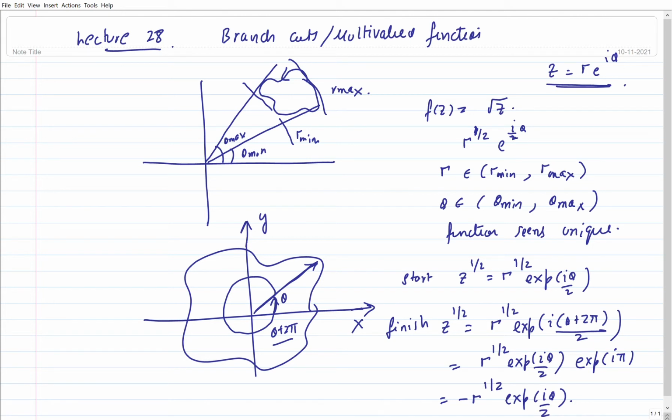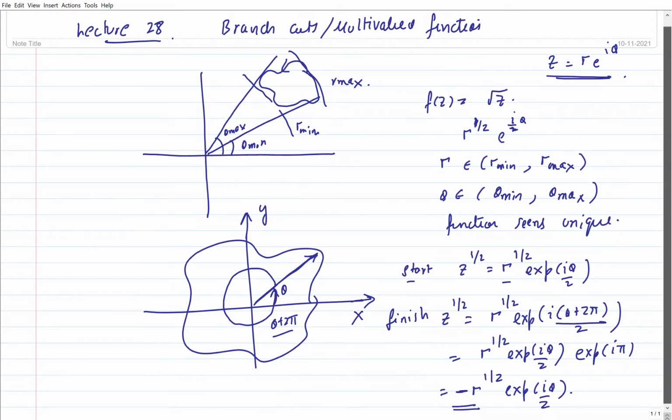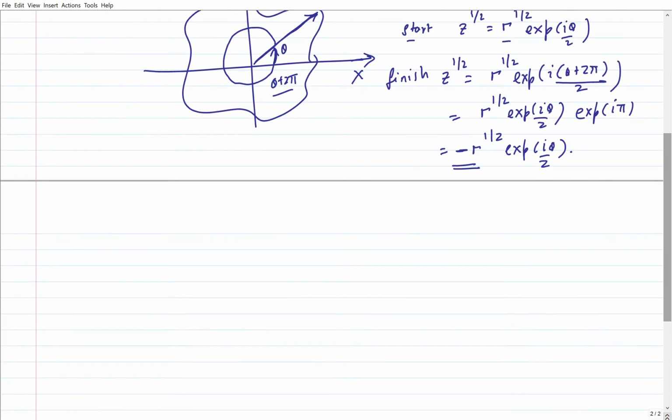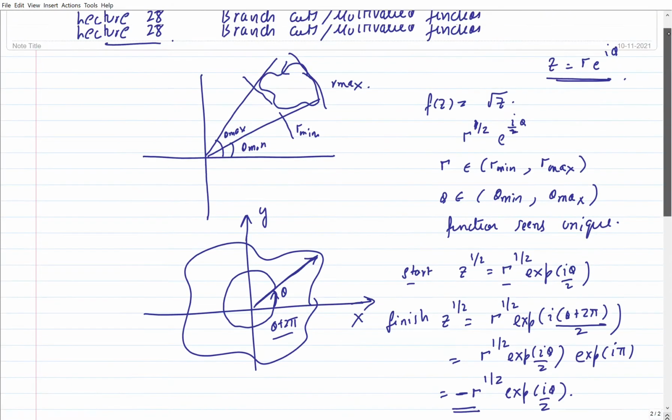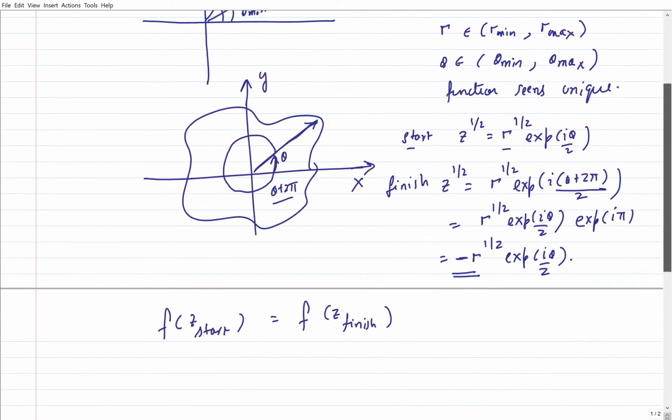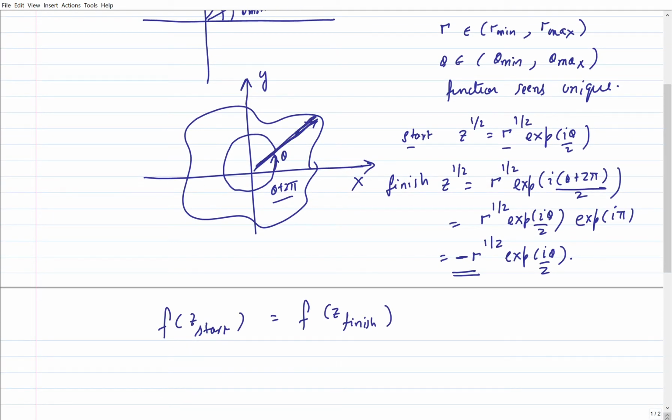So you see there's a trouble here. We are in trouble. The finish had a minus sign and the start was this guy. So the value of the function at the start is not the same as the value of the function at the finish line, even though if you notice, we are evaluating the same point. We evaluated at the start, we take the whole rotation, we come back, and this is actually not equal to the same.